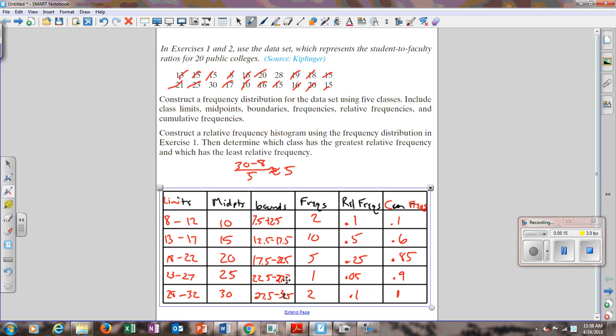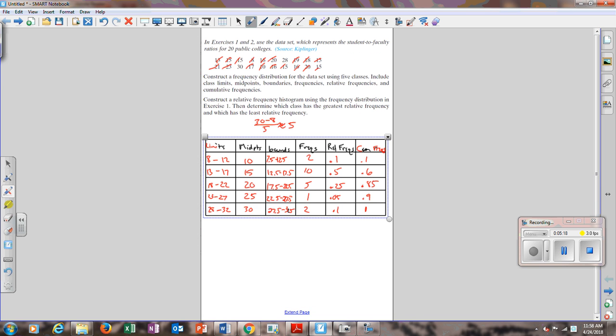Now we have to construct a relative frequency histogram. So remember, with the histogram, all the bars have to touch. Let me move this over a little bit too.